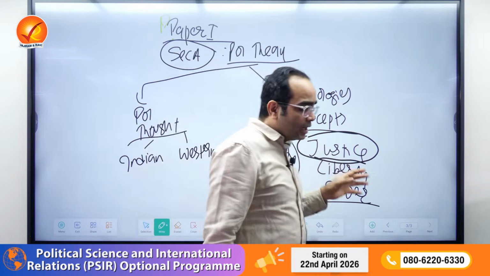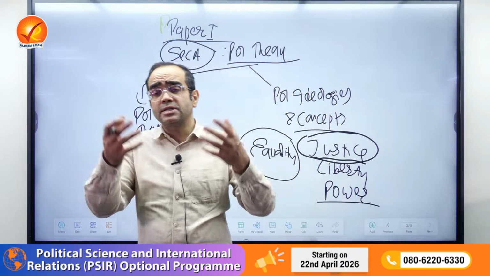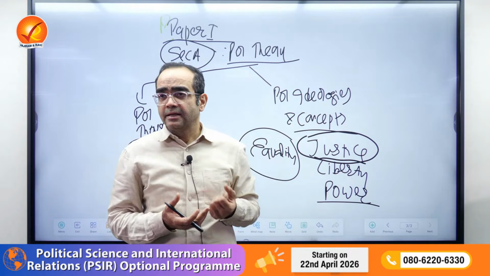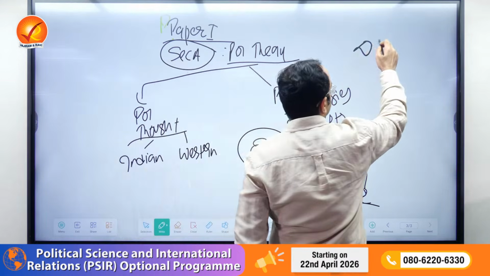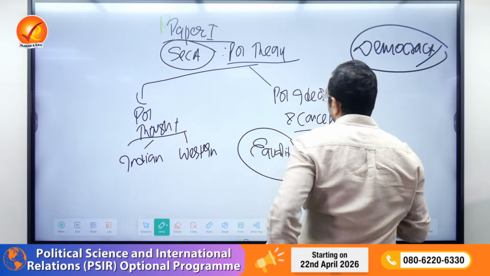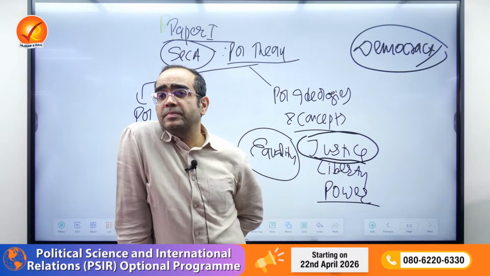So this is how, what is power, what is justice, what is equality, what is democracy, that we will all be discussing in detail. So this democracy is what we say rule of the people.